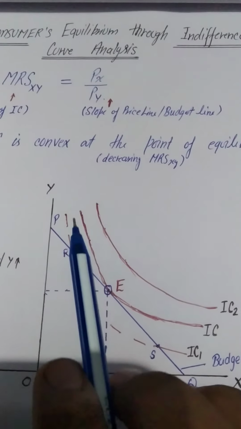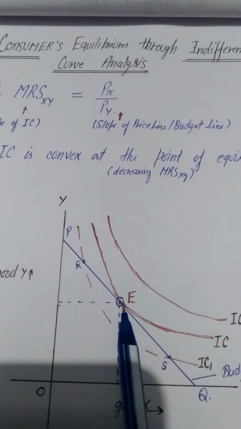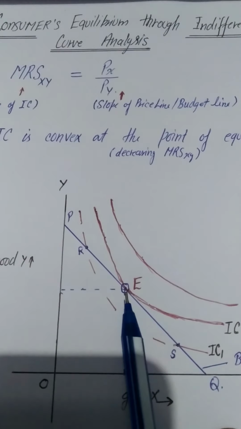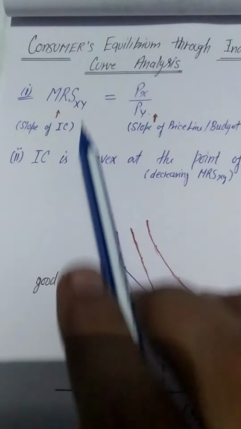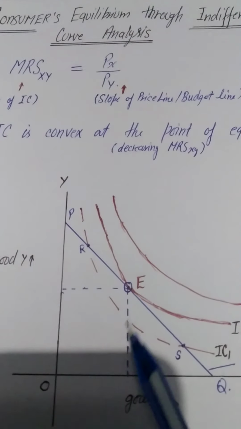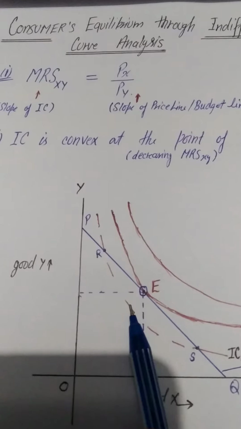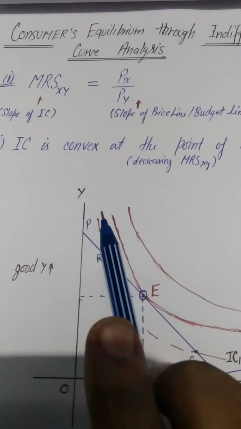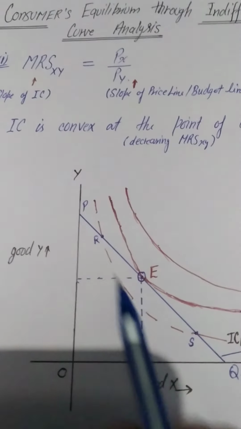So in the same way, we see that the IC curve is intersecting the consumer's budget line at point E, where these two conditions are satisfied, and most important, the consumer is at the maximum, highest indifference curve which can be obtained by his total income.